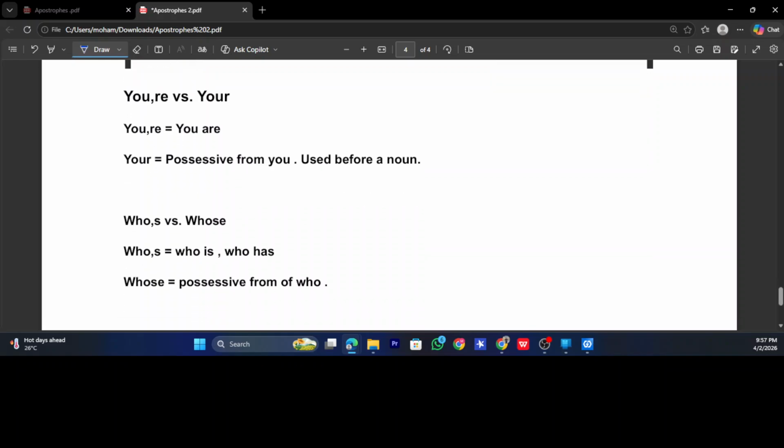So you also need to know you're and your. In the College Board's SAT question bank, I don't see any question that uses you're or your in the possessive apostrophe section.